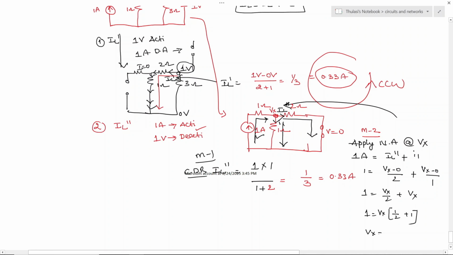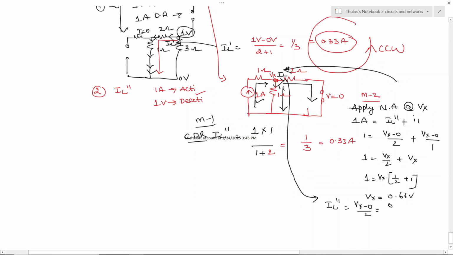So Vx is equal to 0.66 volts. But I require IL double dash, which is Vx minus 0 divided by 2. So 0.66 divided by 2 is 0.33 amperes.